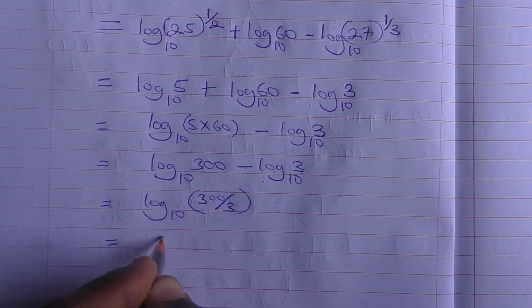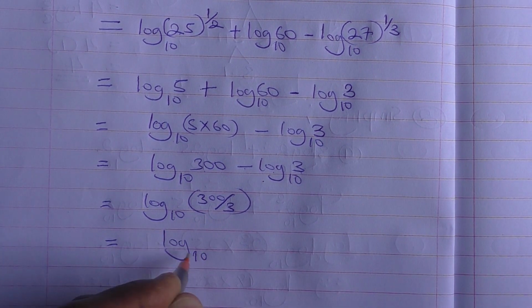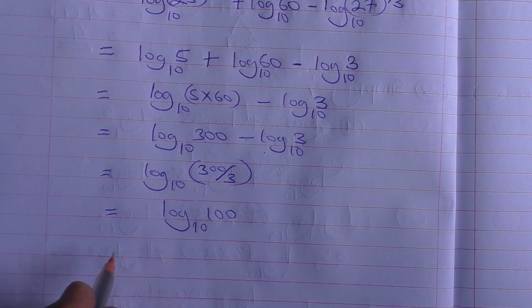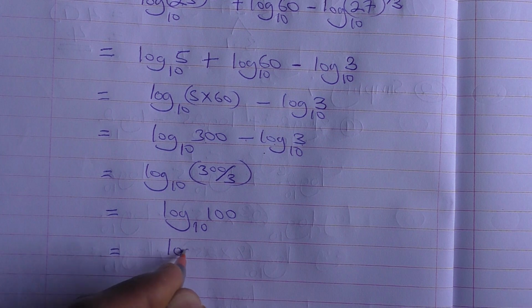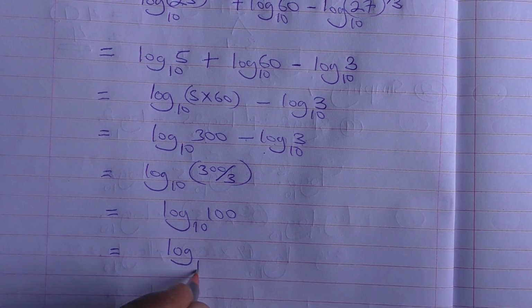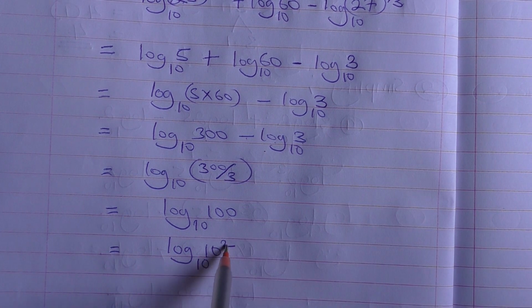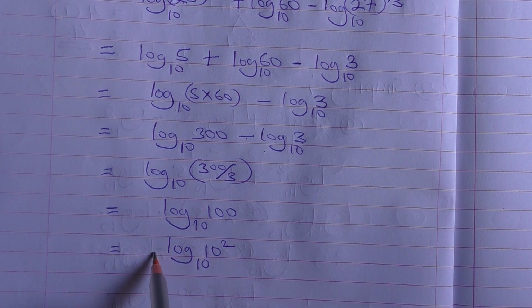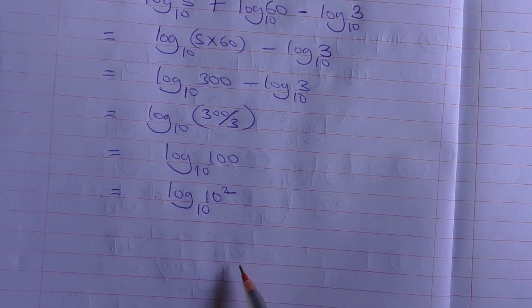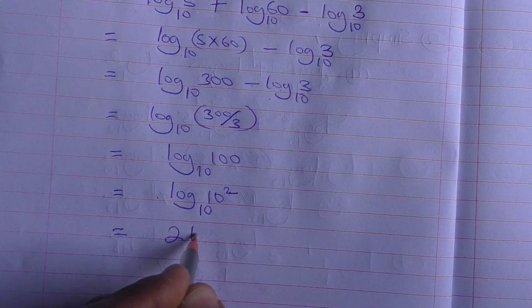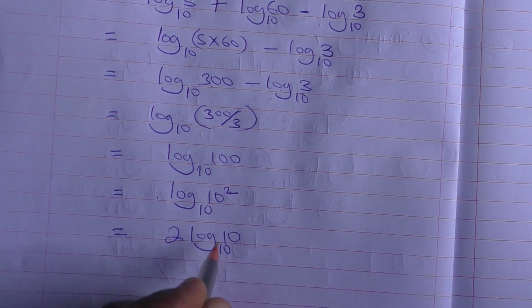Which gives us log 10 100. But 100 can be expressed in terms of 10, which is log 10 squared. So the square goes down, it becomes the coefficient, so that we end up with 2 log 10 power 10.